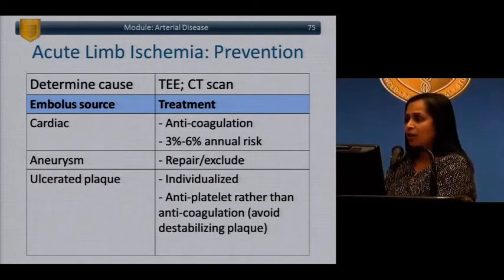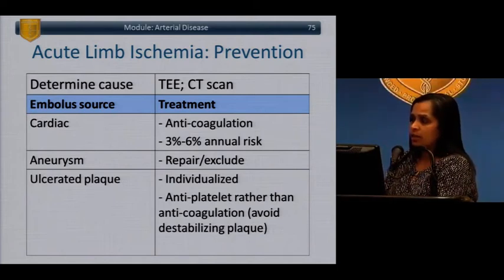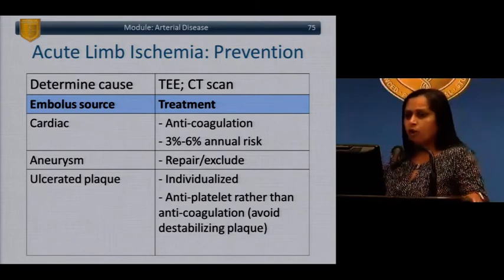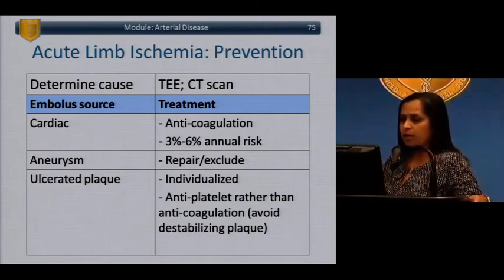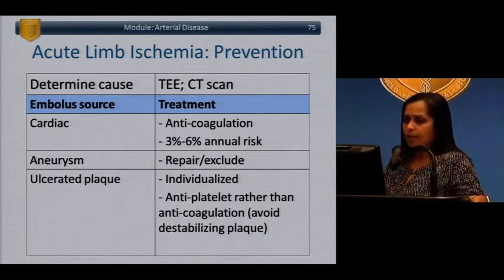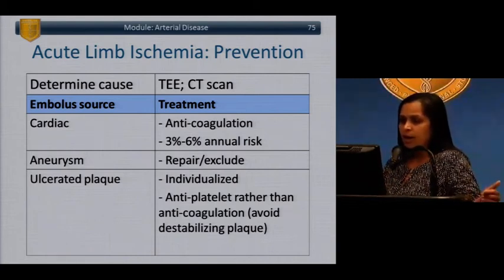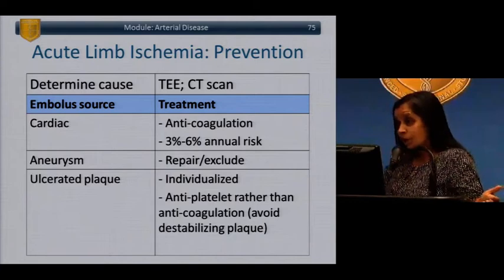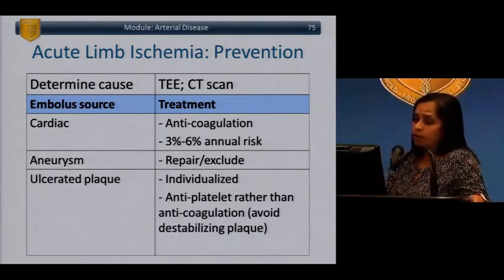If you don't find one there, you can consider doing CT scan of the chest and the abdomen to look for other causes. The main treatment for cardiac source emboli is anticoagulation, because there's a continued annual risk of embolization after one episode. If the patient has an aneurysm somewhere, you want to consider repairing and excluding that.